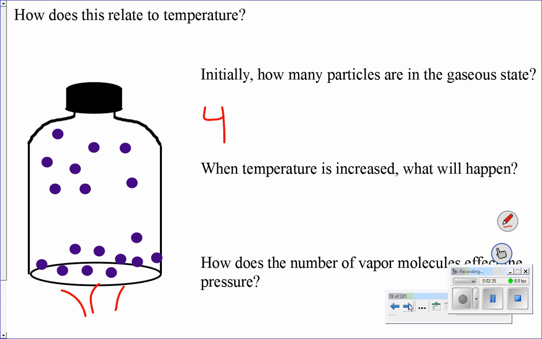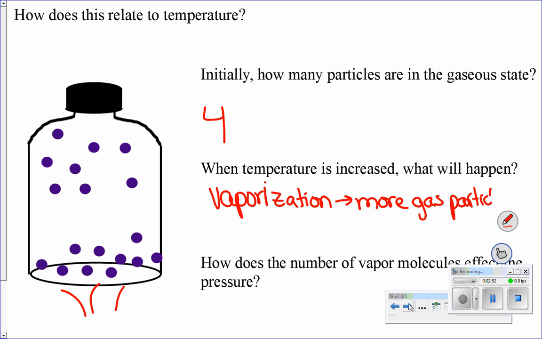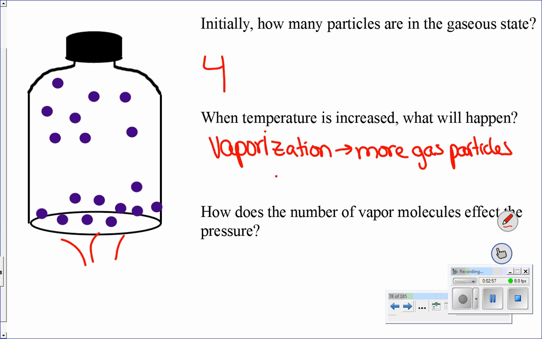We now have 8 gas particles in my picture. What that's going to do is have more particles colliding with the side of the container, so this is going to increase my vapor pressure, or just the general pressure inside of that container.